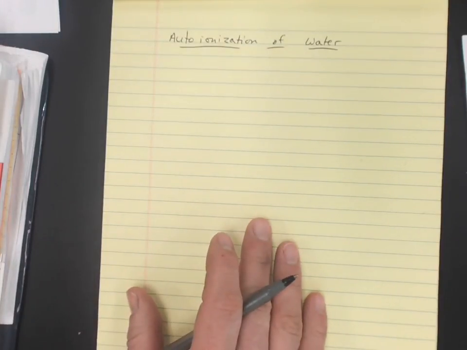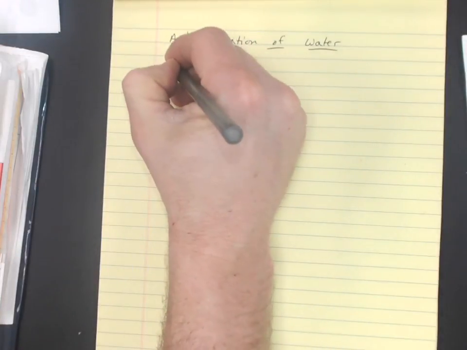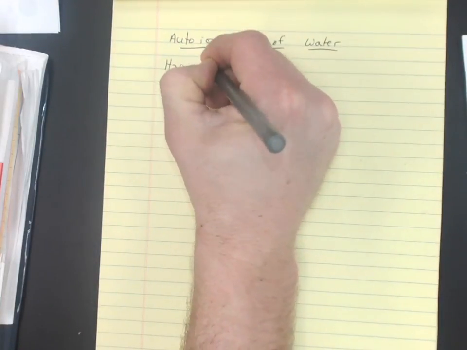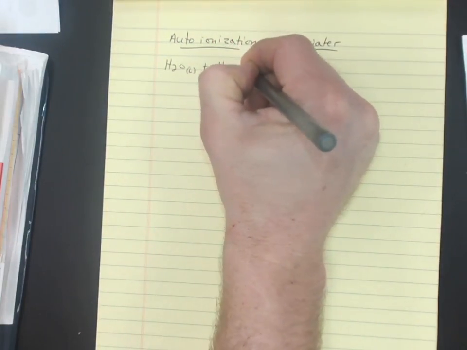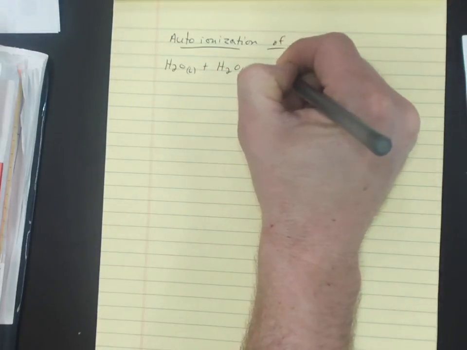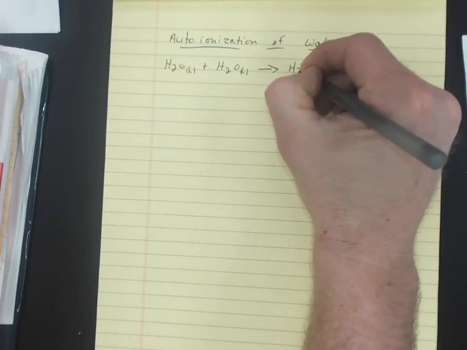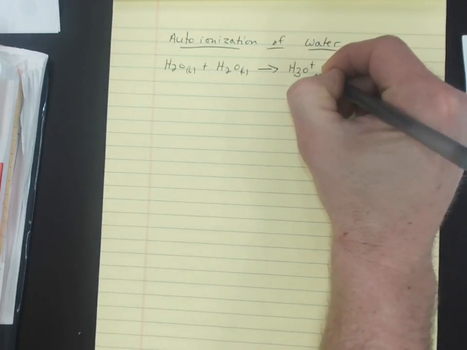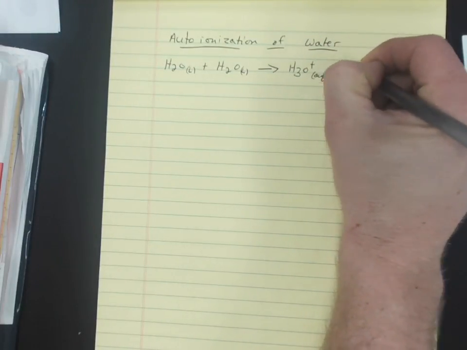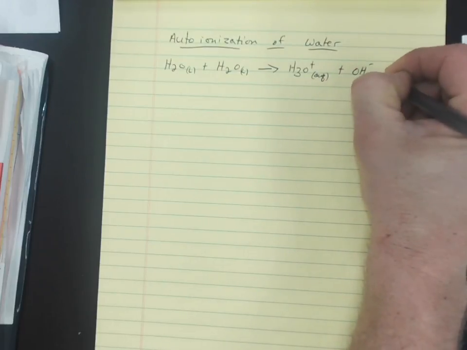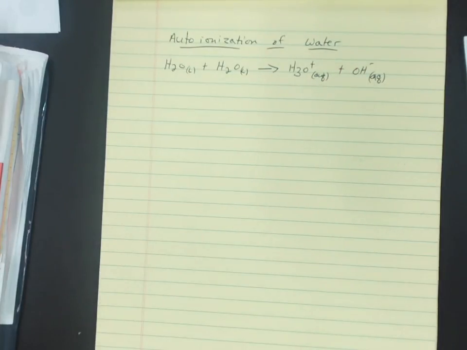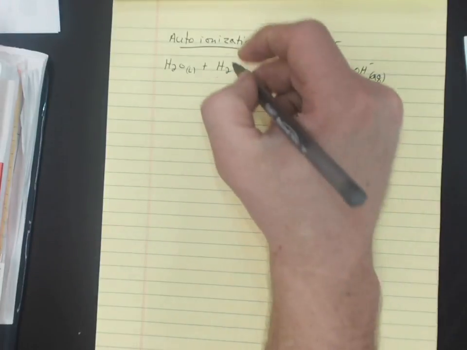So the auto-ionization of water can be written as follows. If you take one water molecule and you react it with another water molecule, you end up getting the hydronium ion, H3O plus aqueous, and OH negative aqueous. Both of those are liquid.